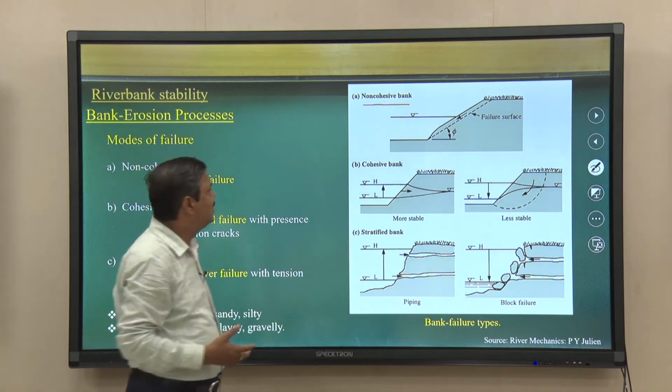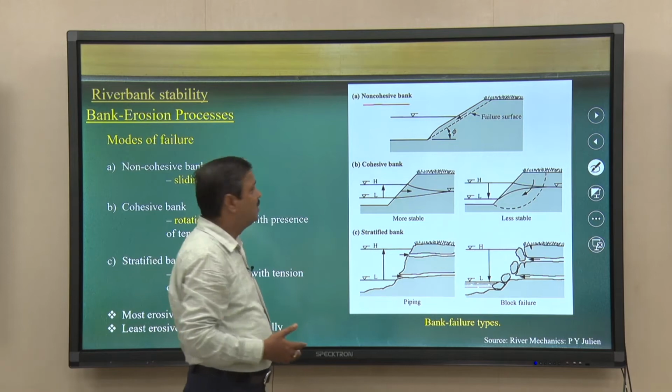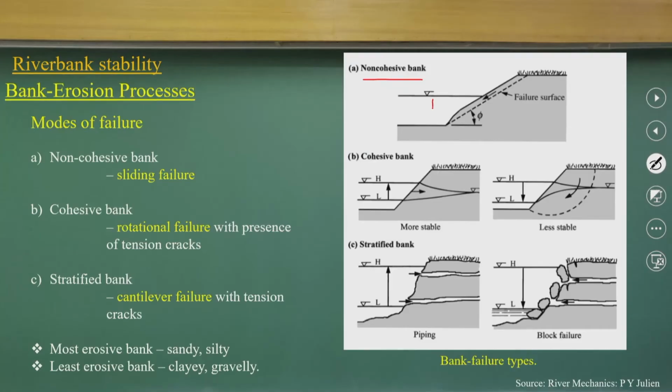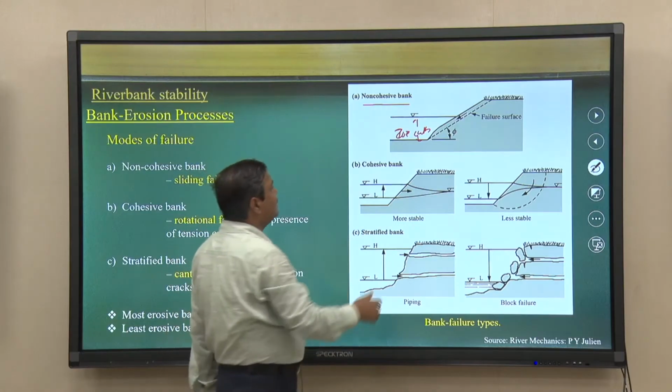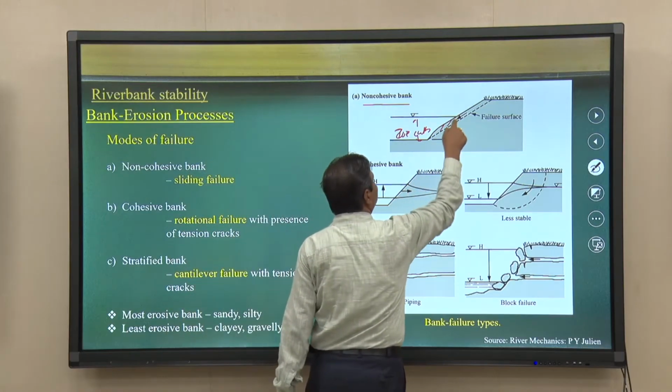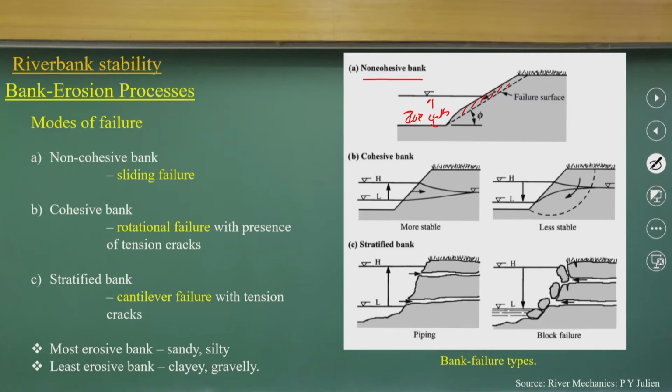In that case, if you have an angle of repose and because of higher stress, there will be toe cutting. So, the toe part will be cut, and this will slide down as a slice, because as soon as the angle is more than the angle of repose of the bank materials, sliding will happen for non-cohesive banks.